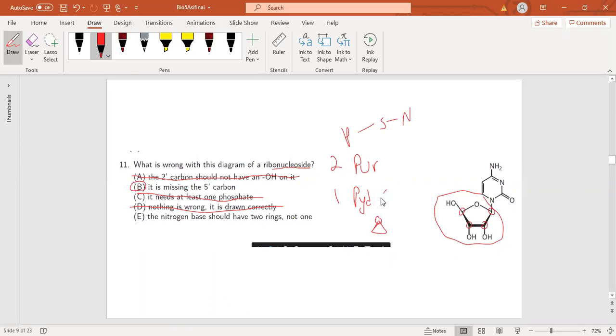So CUT is my acronym: cytosine, uracil, and thymine, while the leftover ones are adenine and guanine, and those are your purines. So that's just a little acronym if you want to remember it. Pyrimidines, CUT. And so you do have a single ring structure. So in this case, we are okay. So E will not be right as well. So our answer choice in this case is B.